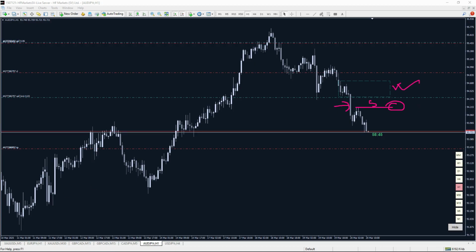So that is why I marked that area and also set the sell limit. So if price makes the move in here, it could go this way, otherwise it could go this way, whatever. So it's a valid supply zone because of this.